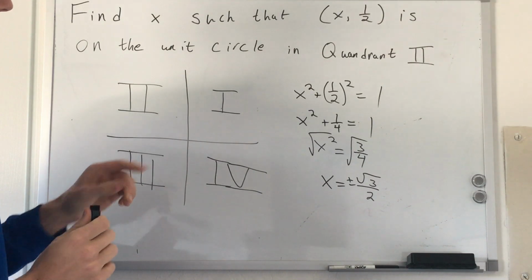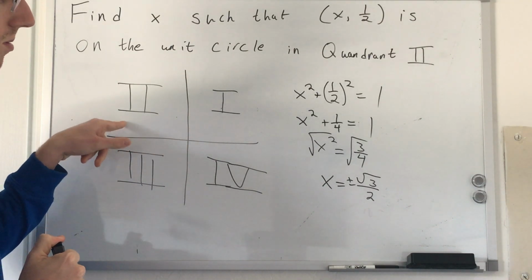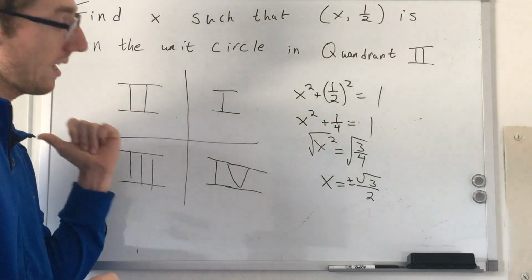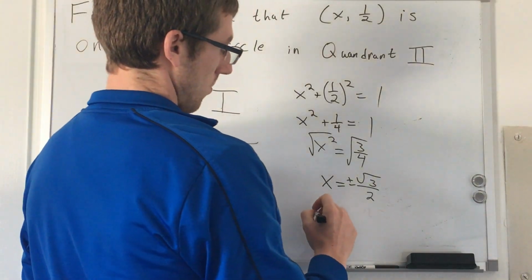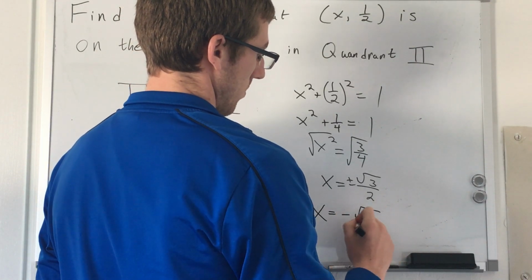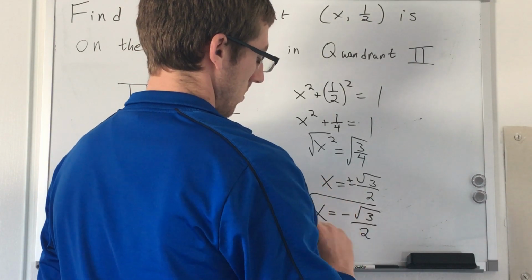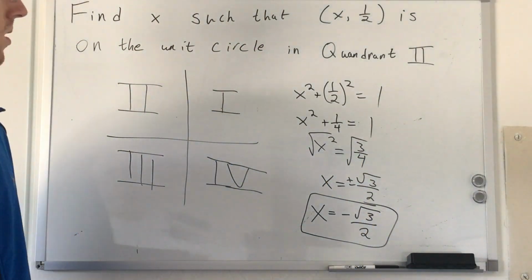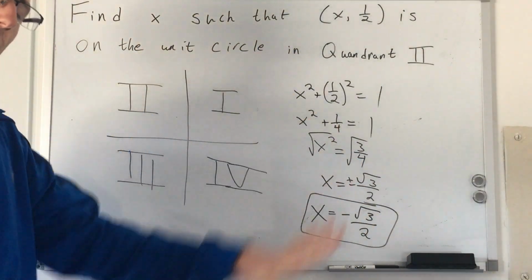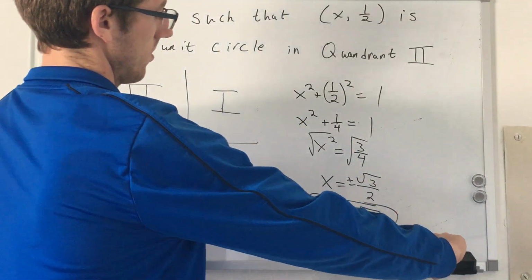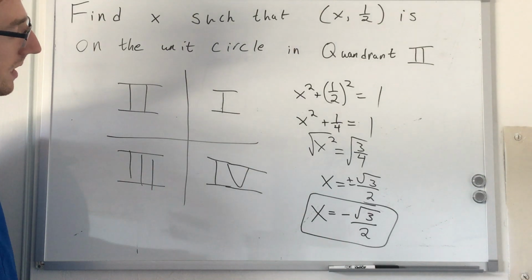We want it to be in quadrant 2, which means what's our x value? Our x value is negative. So since we're in quadrant 2, x is going to equal negative √3/2. So there you go. That's how you verify or check whether a point is on the unit circle.